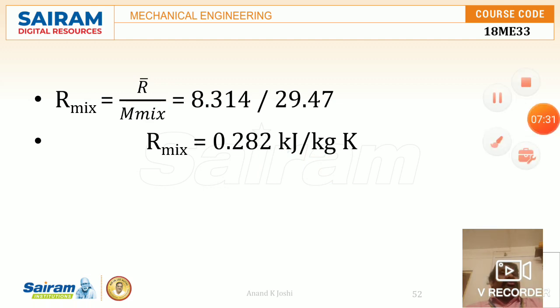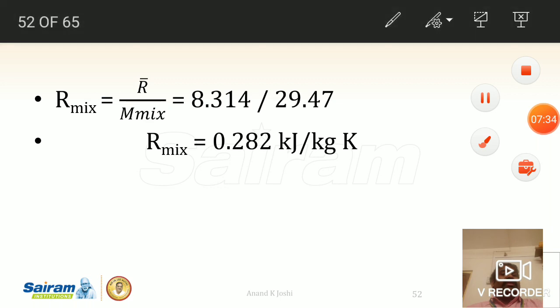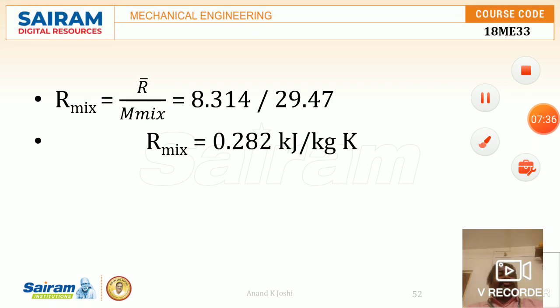So this is how you are going to solve the problem whenever they ask you to calculate the molecular weight, the molar fraction and other parameters. Please, while taking the molar mass, it is very important.